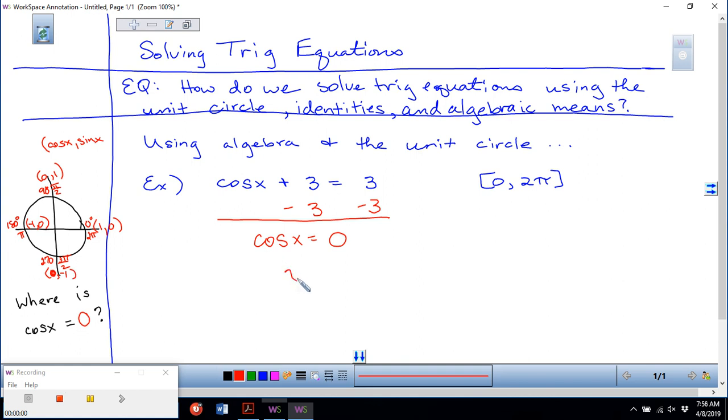So our solution, since we are looking from 0 to 2 pi, which means we're going all the way around the circle, everywhere that cosine of x is equal to 0 is pi over 2 and 3 pi over 2. So these would be the solutions to the equation cosine x plus 3 equals 3. Go ahead and pause, copy that down, and we'll move on to a second example.